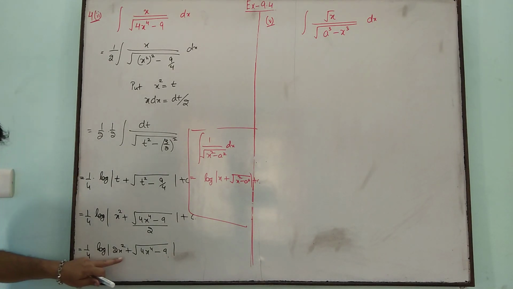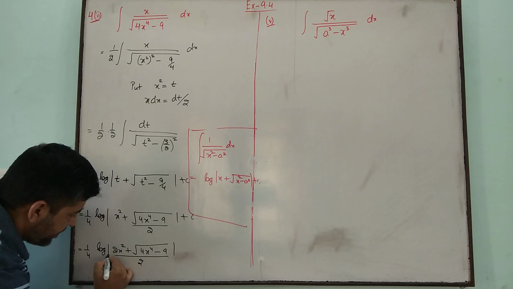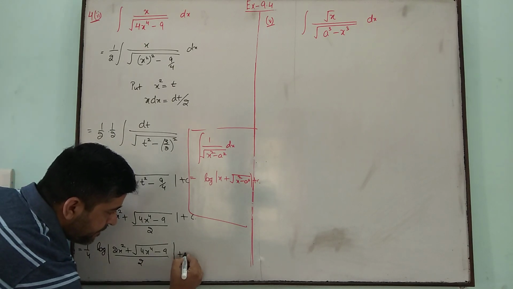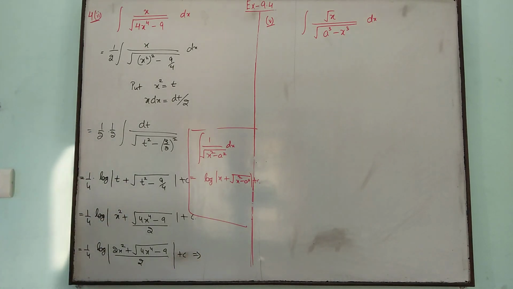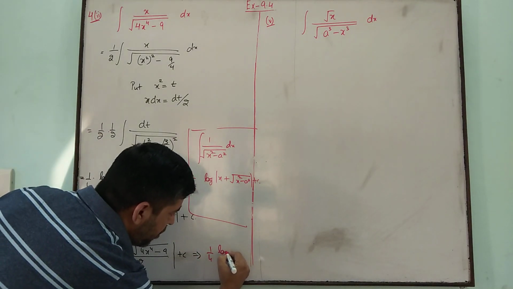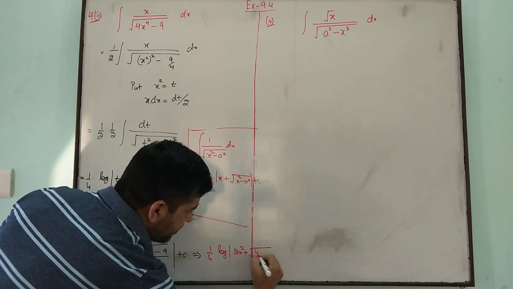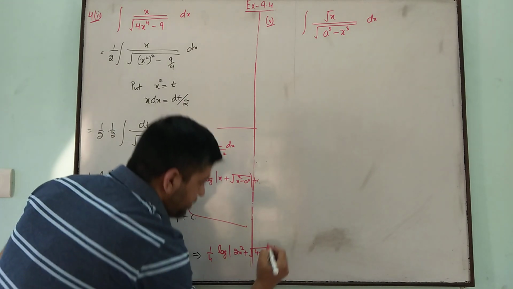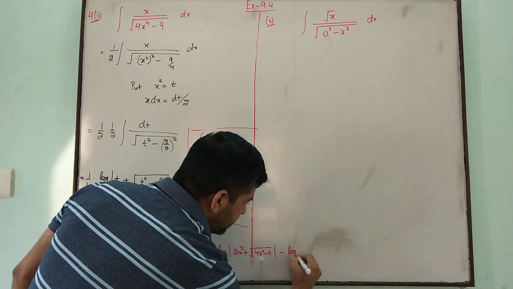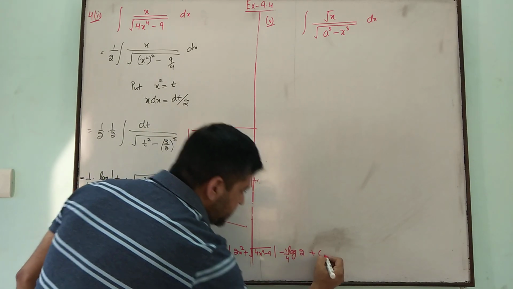Now whole divided by 2: log m upon n is log m minus log n, with 1 by 4, plus c.